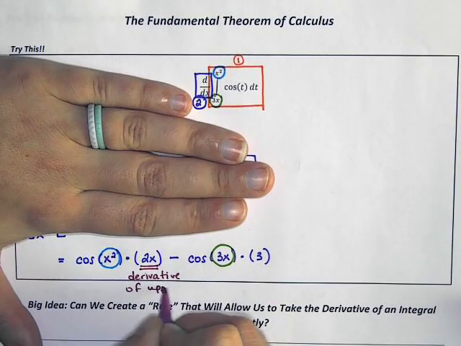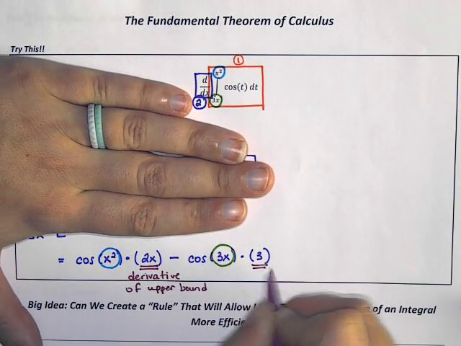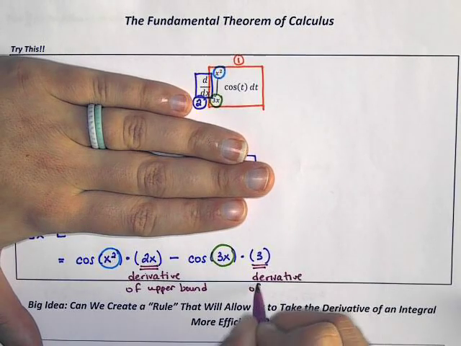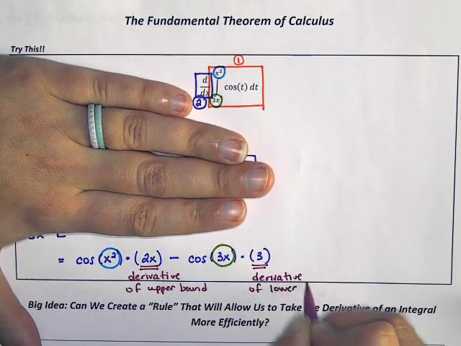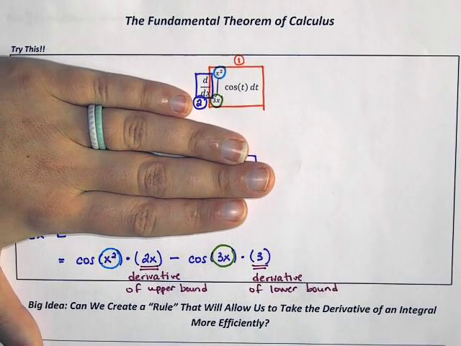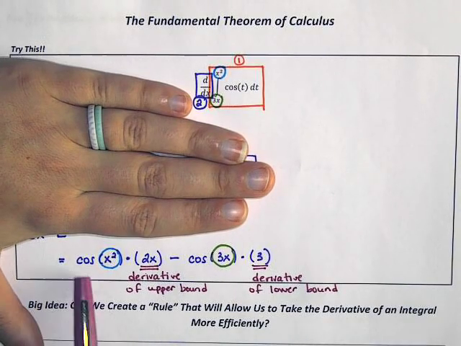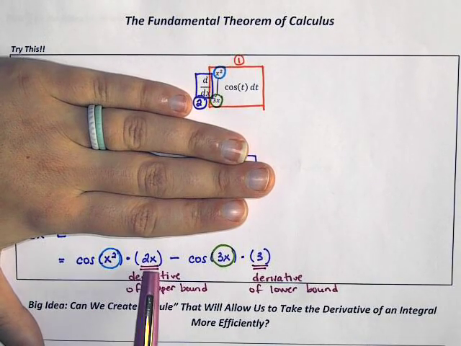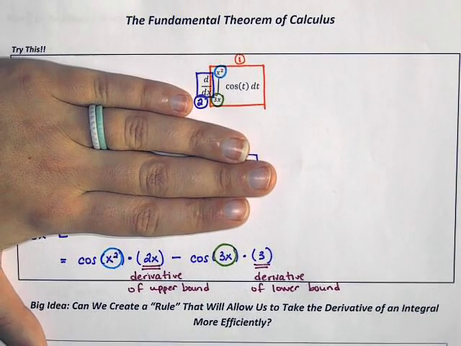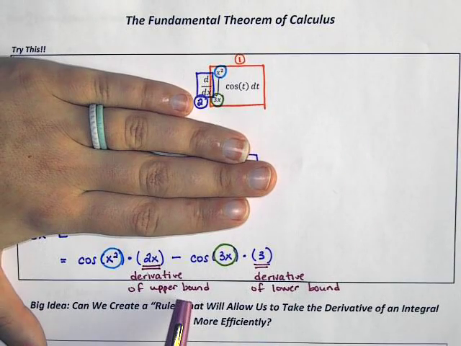So this is the derivative of the upper bound, and this is the derivative of the lower bound. Now that's important because a lot of times students will make a mistake and think they need to do the derivative of the cosine part, but we're not doing chain rule for cosine. That's the outside function. We're only doing chain rule for the inside function, which is the bound.